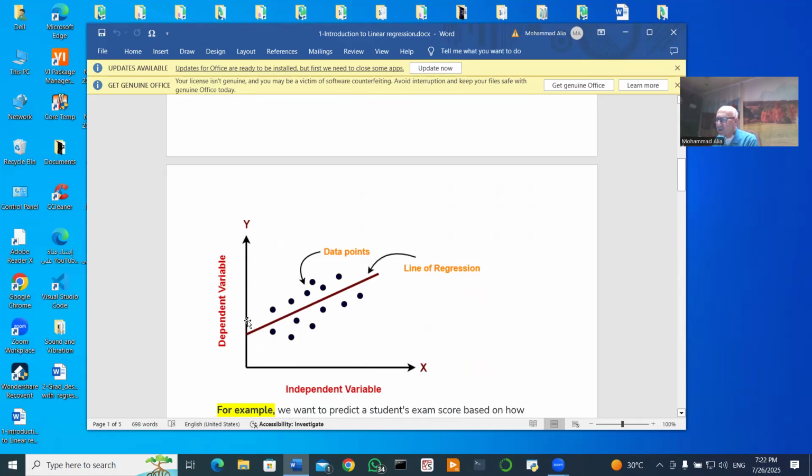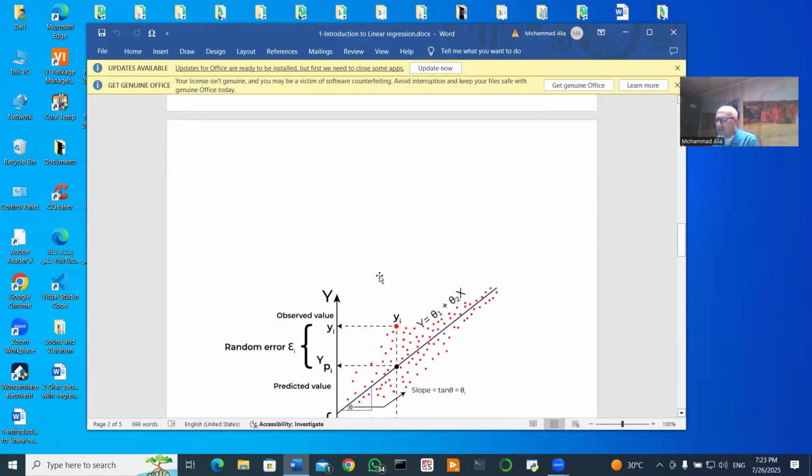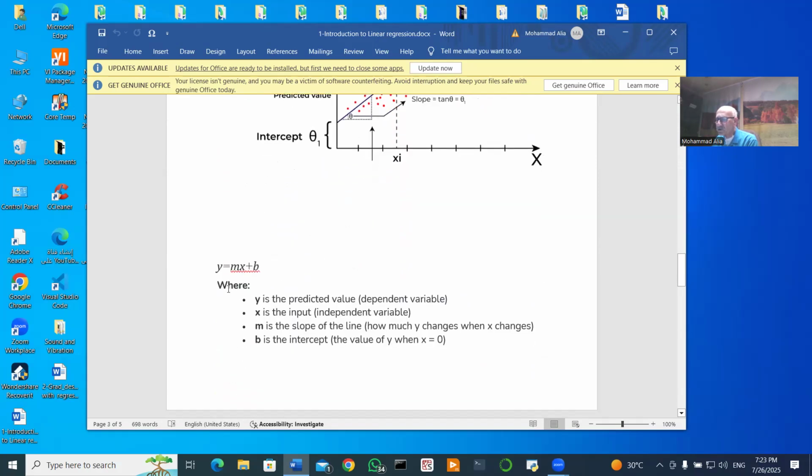And as usual, the line is always easy to define by a simple equation like the general equation which we used in school: y, which is the dependent variable, is equal to the input x, which is the independent variable, multiplied by a coefficient m plus a constant term called b.